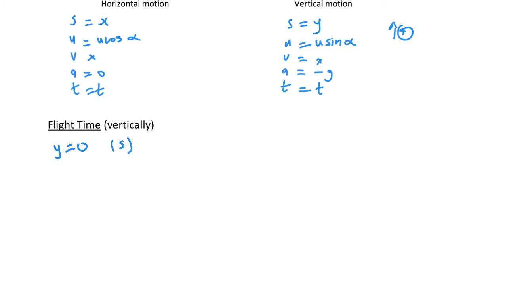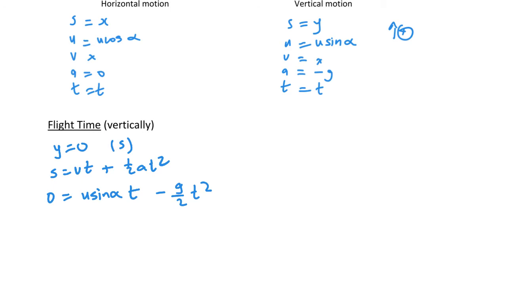So if we put that into our SUVAT equations, we can use s equals ut plus a half at squared. 0 is going to equal u sine alpha times t, and then a half of g, well, minus g, so it's going to be minus g over 2 t squared.